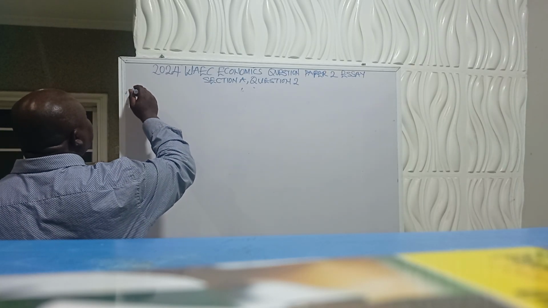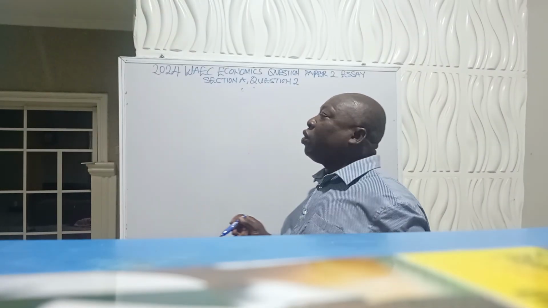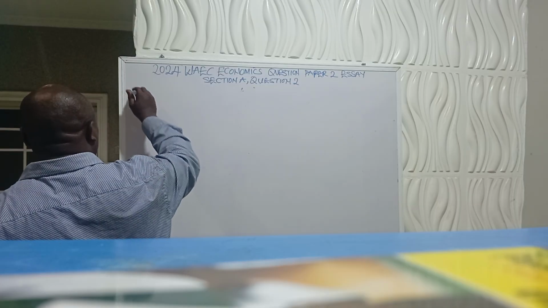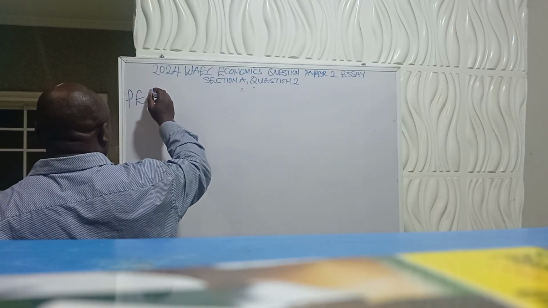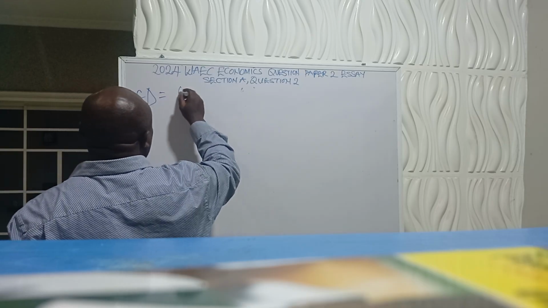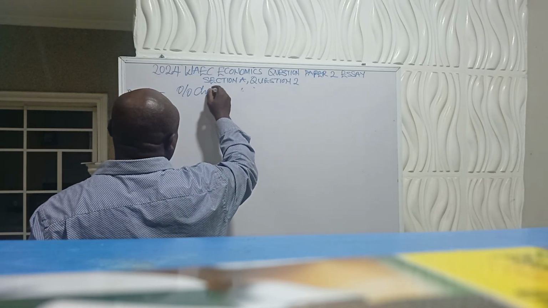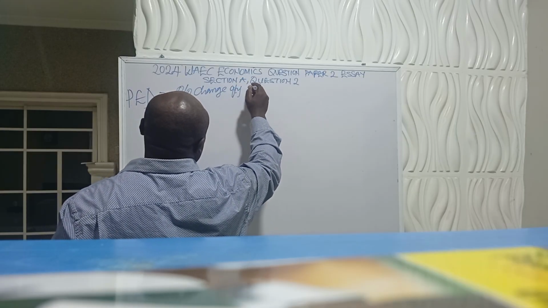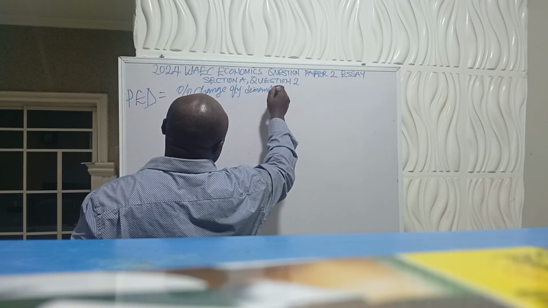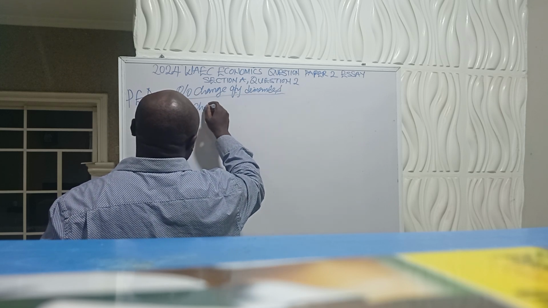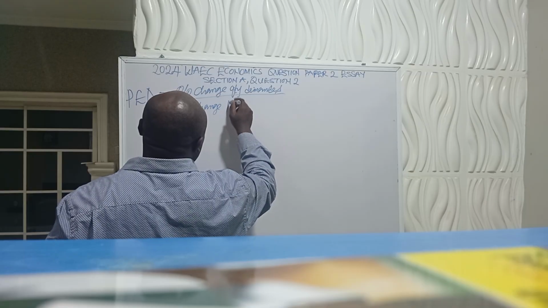Now, normally to calculate the coefficient of price elasticity of demand, this is the formula. Let's write the formula first. It is percentage change in quantity demanded over percentage change in price.